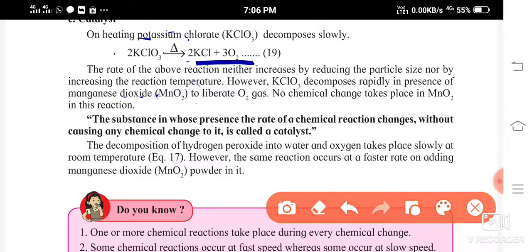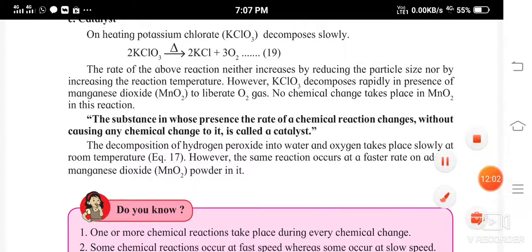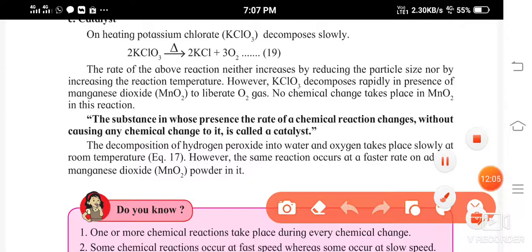No chemical change takes place in the manganese dioxide. Though you have added it, it remains just like that. But the decomposition reaction of potassium chlorate has taken place fast. It has speeded up the reaction.